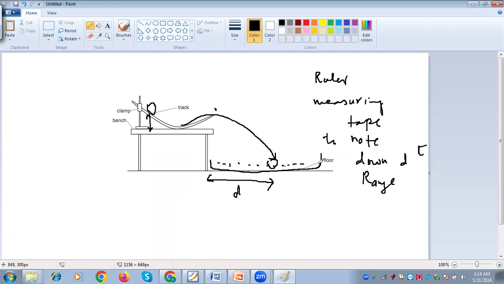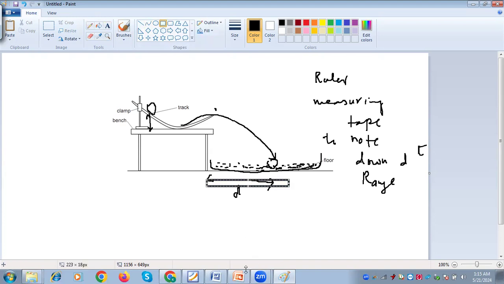So that there will be some depression. There should be some position marked due to the ball hitting the surface of the sand. But after you take one reading, you have to flatten the sand so that that depression is no more there. Otherwise you will be confused with the previous or new positions of the ball. And using the meter rule or measuring tape, you can measure this distance.